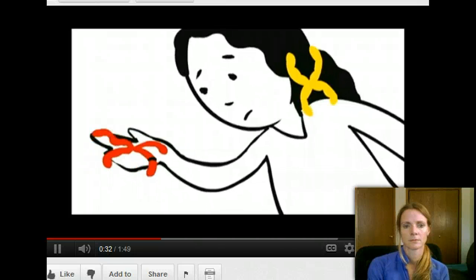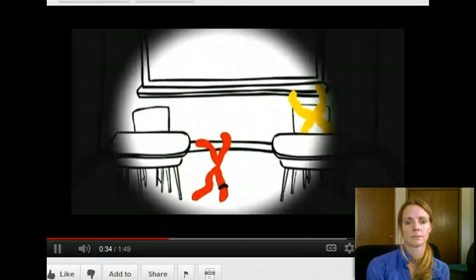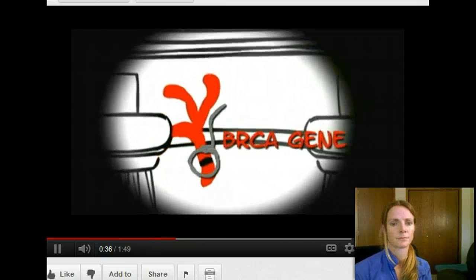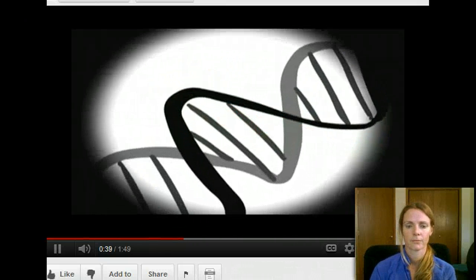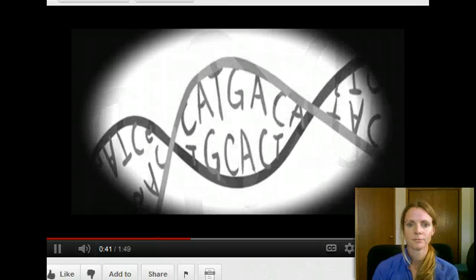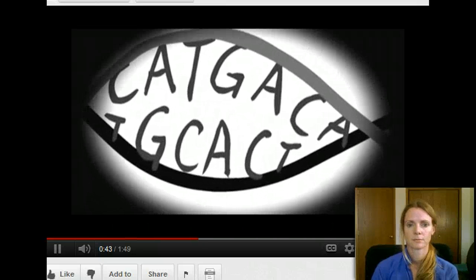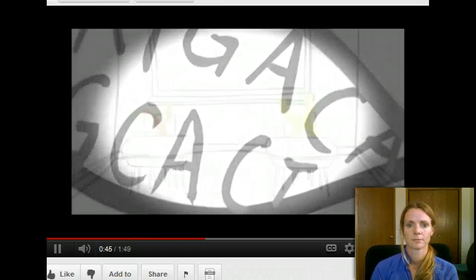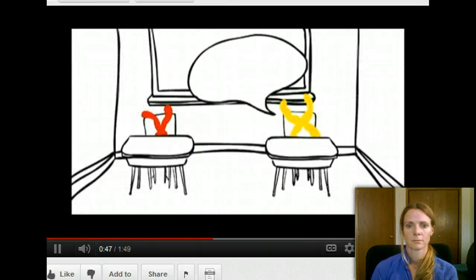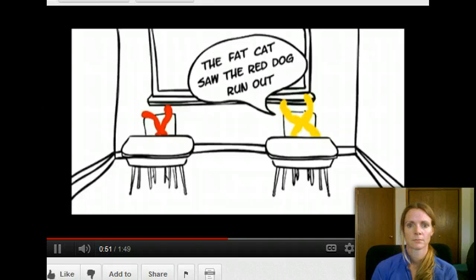Your mutation would have come through your mom. A mutation is something that has gone wrong with DNA. The genetic code is a code of words, each of 3 letters. My favorite example is the fat cat saw the red dog run out.